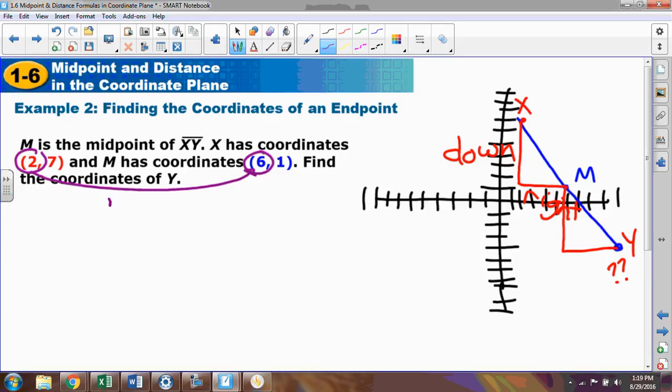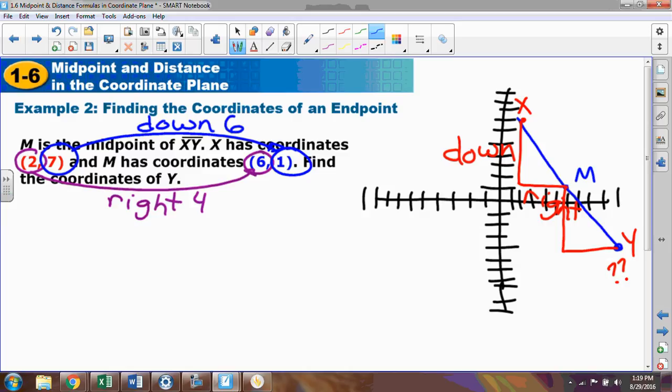Okay, so that is telling us that we went right 4. We also have to figure out what was the change in the y value. 7 to 1 is minus 6. So that's telling us that it went down 6.